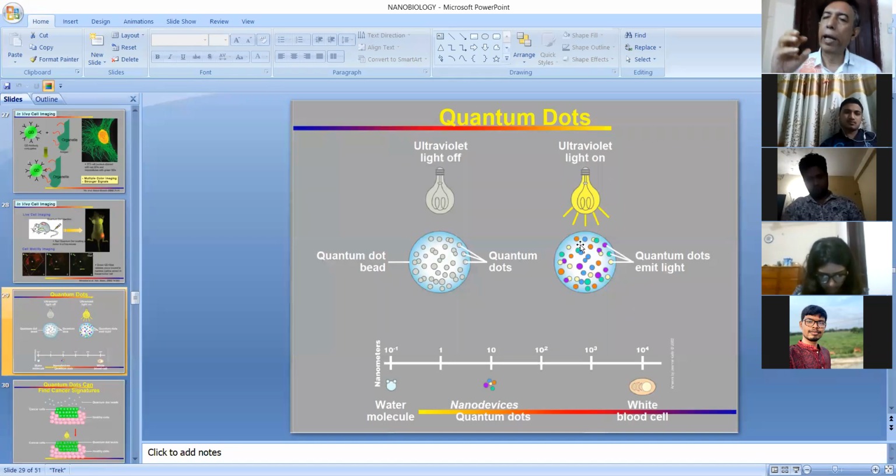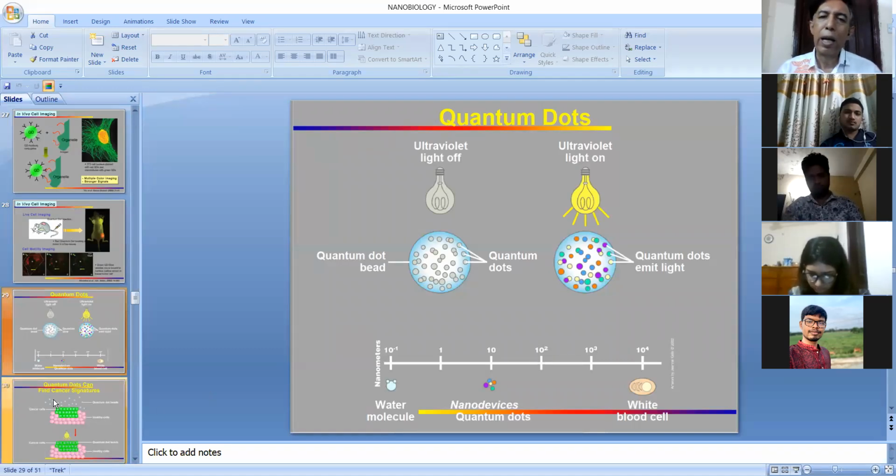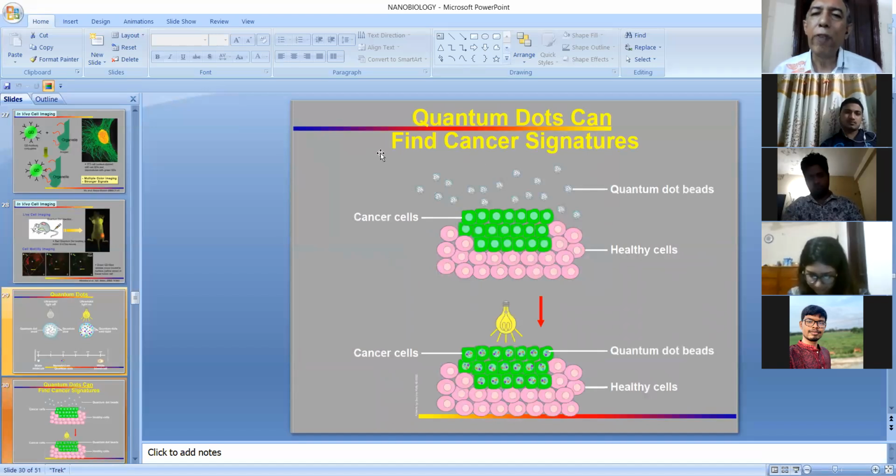It can tell us about the shape and size of this tumor, and it can find cancer signatures also.